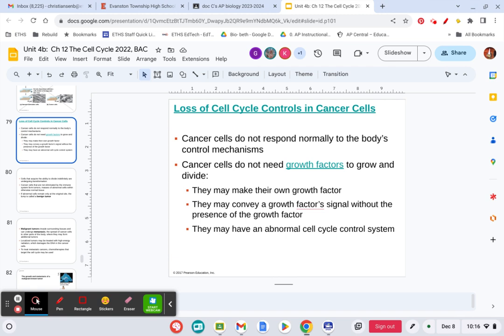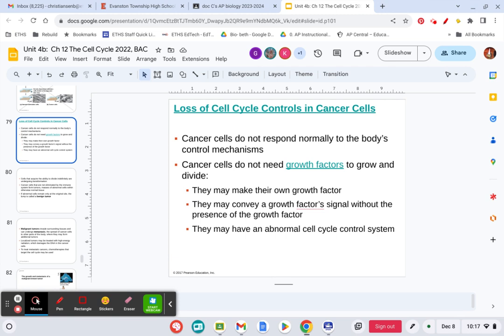Okay. Cancer cells don't respond normally to the body's control mechanisms. Cancer cells do not need growth factors to grow and divide. Normally we need those growth factors like human growth hormone that will cause the cells to grow and divide and grow and divide. Cancer cells can make their own growth factor.